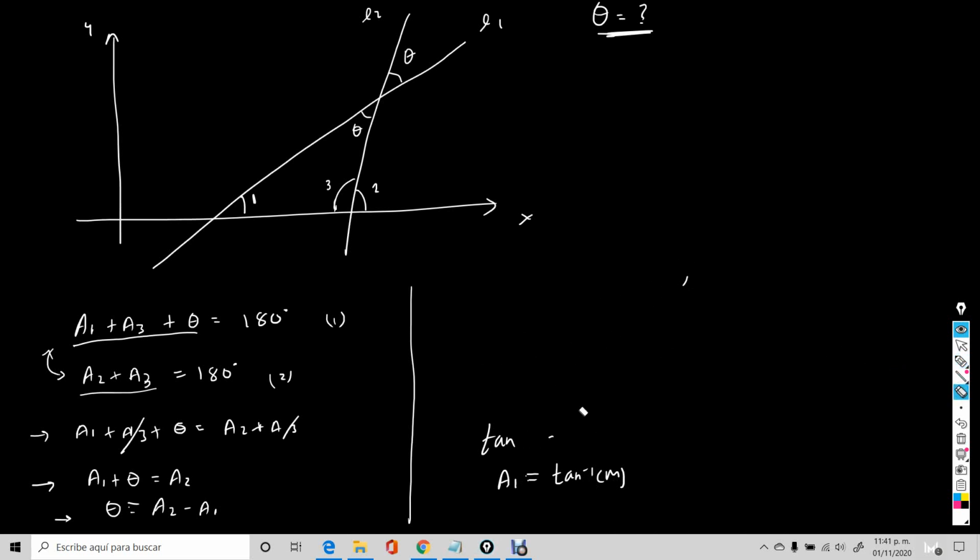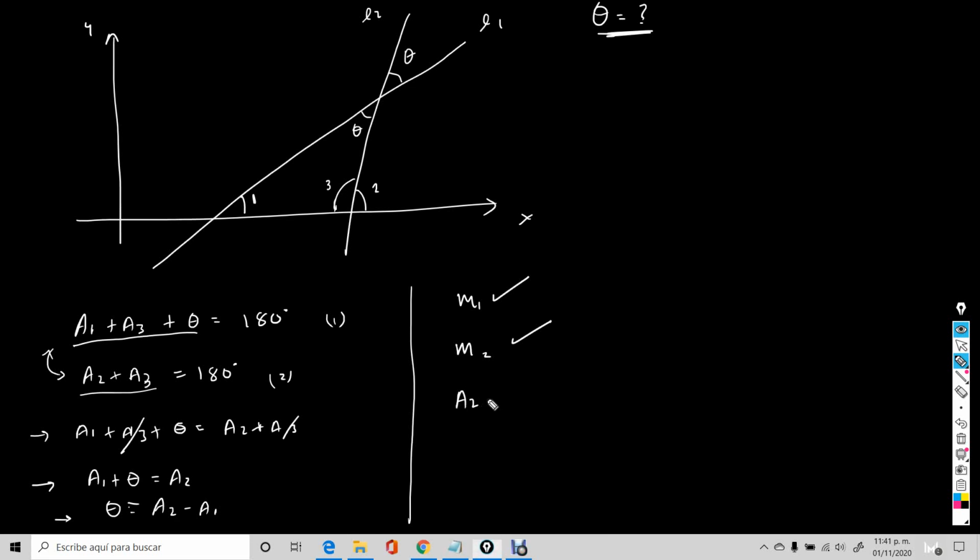So basically what you have to do here is get the slope of L1. Let's suppose that you already have it. Get the slope of line 2, which is M2, and then with these two slopes you can get angle 2 and angle 1.